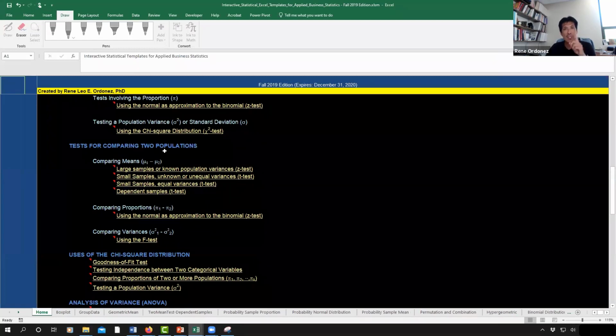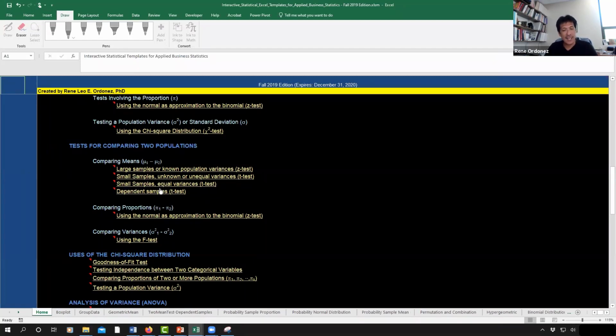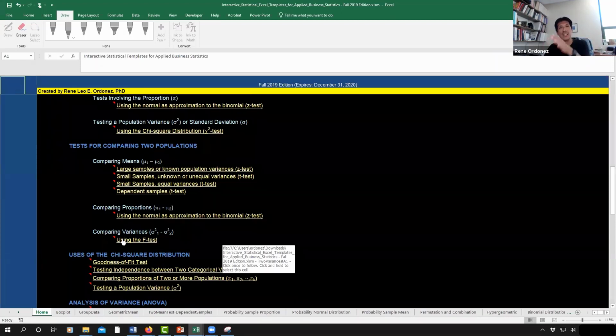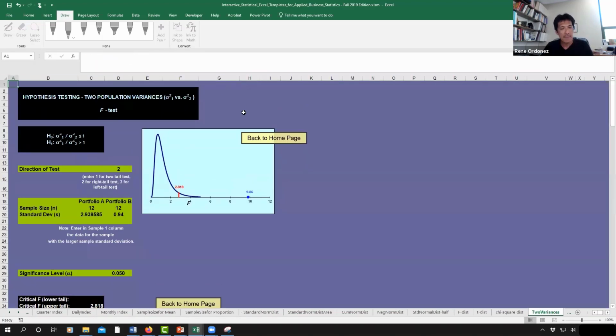Tests for comparing two populations, but this time we will be comparing variances of two groups. All right, so this one uses the F test, the F distribution. This is kind of a lead into the next chapter that we will cover next week, which is on the analysis of variance, and that uses the F distribution.